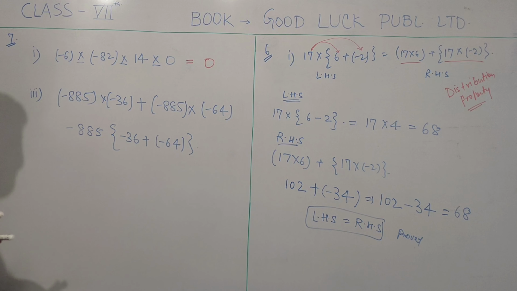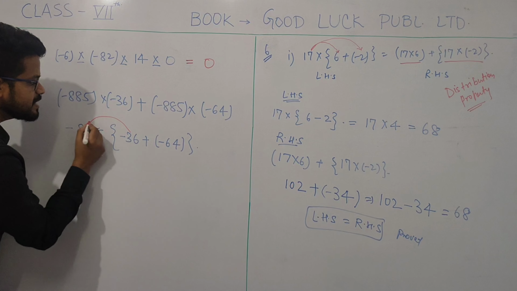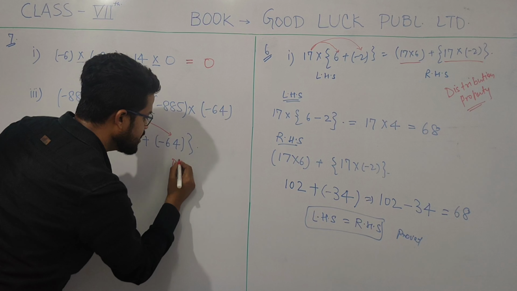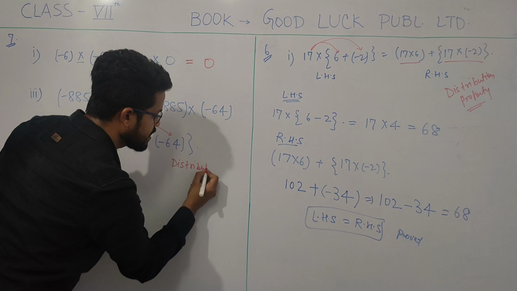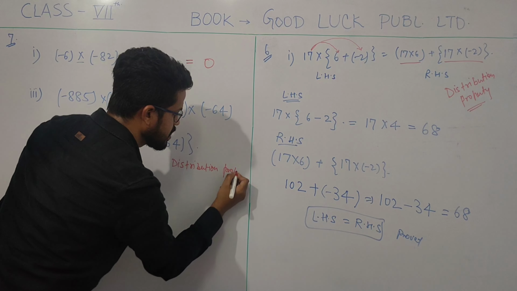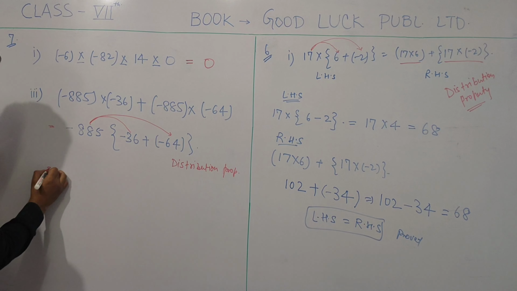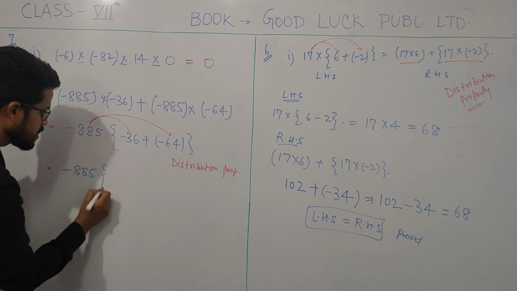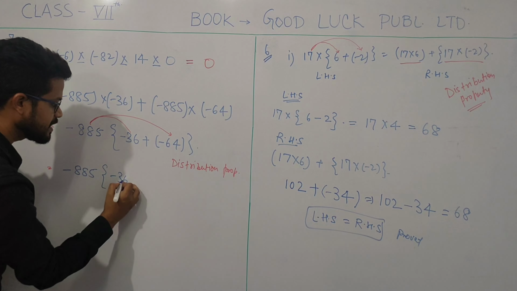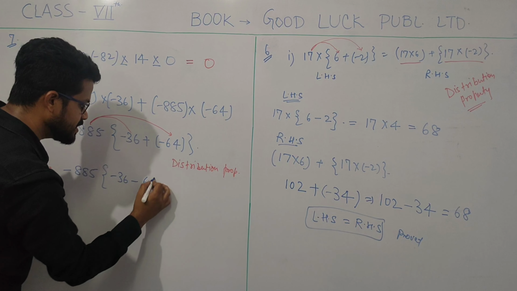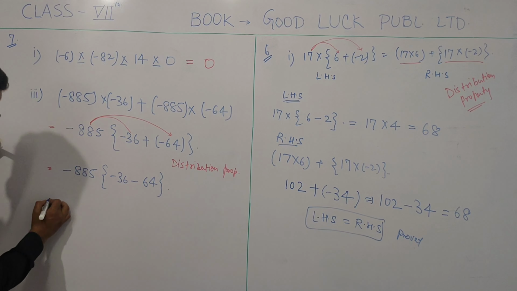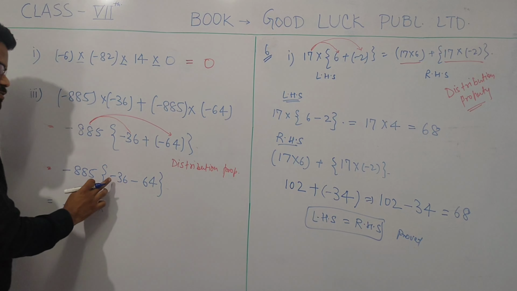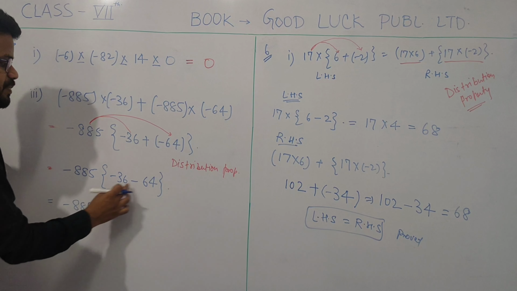And this is what? If multiplied with this, then this. This is which property? The distribution property I used here. So now this is minus 885 into minus 36 plus minus 64. Now minus 36 and minus 64, both the signs are same, so simply add both these numbers.